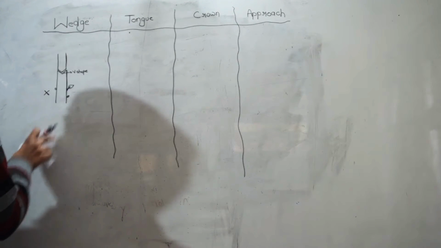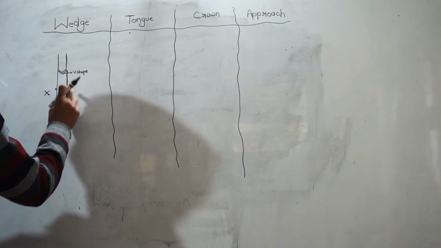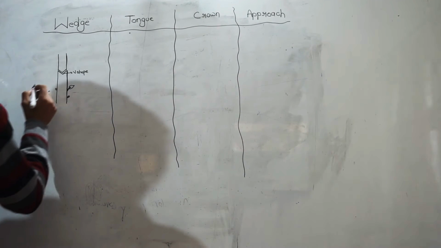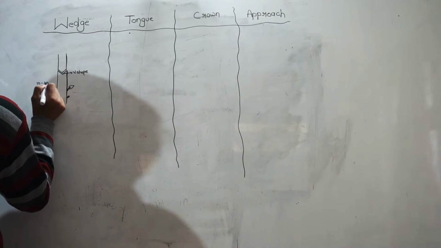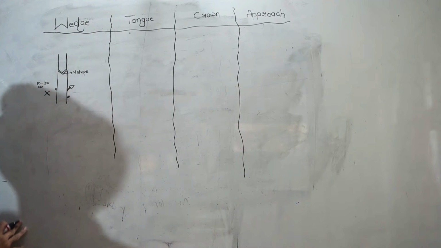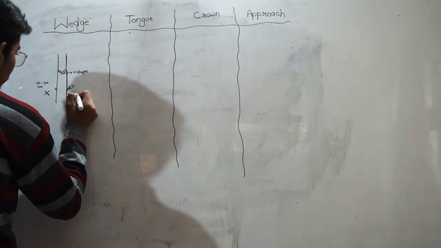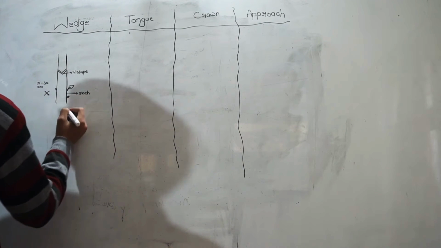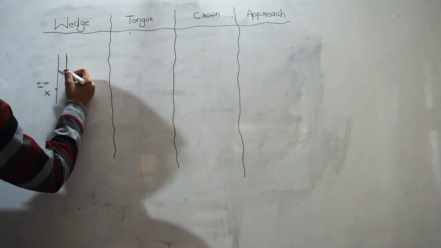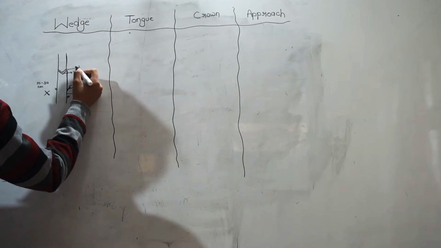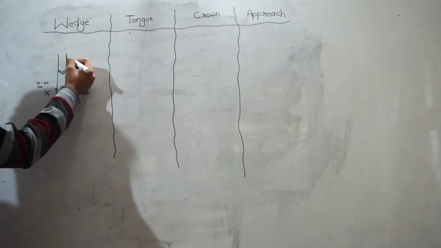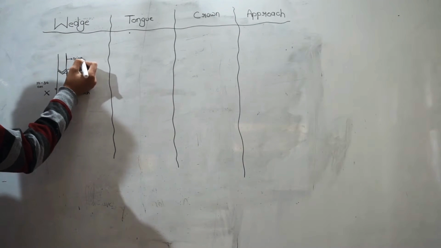So you should remove any leaf and bud if it is present over here, and the stalk should be about 10 to 30 centimeter length. So this is the stalk, and you have given here the wedge shape cut. This is scion.